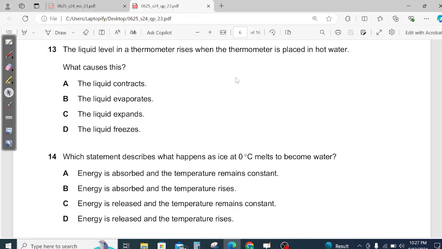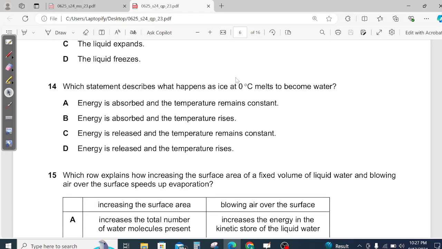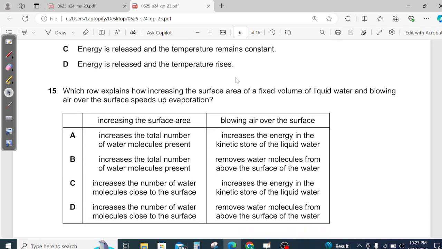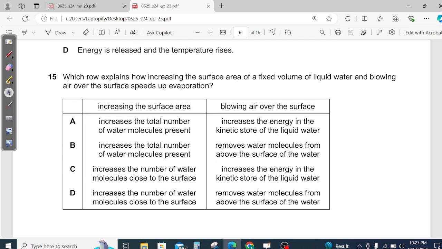In the first video I have solved 14 questions, and now we are moving towards the 15th question. Look at the question: which row explains how increasing the surface area of a fixed volume of liquid water and blowing air over the surface speeds up the evaporation?